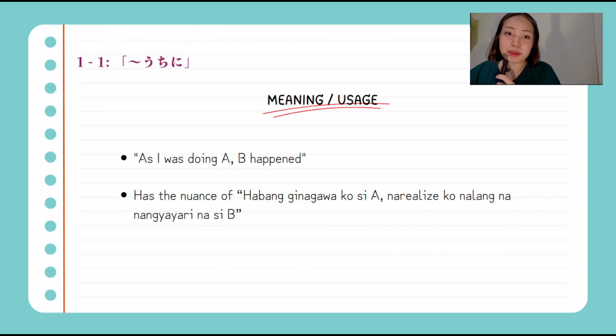This uchini also means the same. It also means habang. Okay, sa Tagalog. Pero, naalala ninyo, di ba, yung first uchini that we have studied, it means now is the chance, we cannot miss this. This time, itong uchini na ito, wala pong ganun na nuance. Okay? Ang nuance na binibigay ng pangalawang uchini na ito is, habang ginagawa ko si A, na-realize ko na lang na nangyayari na si B.